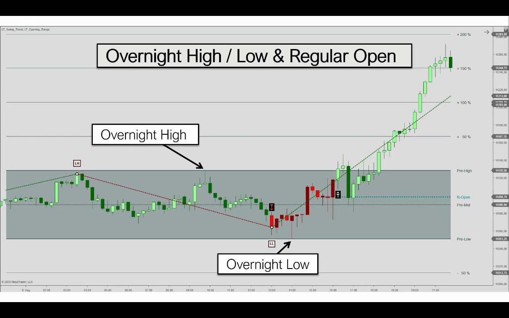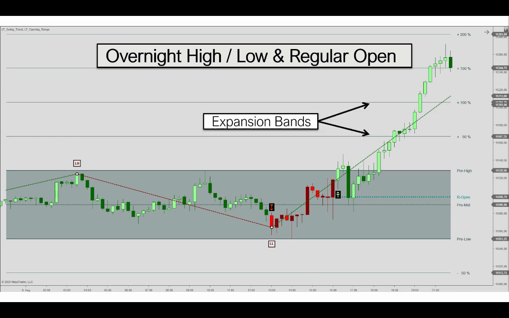By using extension bands of the overnight range, we can identify profit targets: the 50% extension, the 100% extension, 150 and 200 are identified here. And being common profit targets, they will of course also be valid as resistance levels.